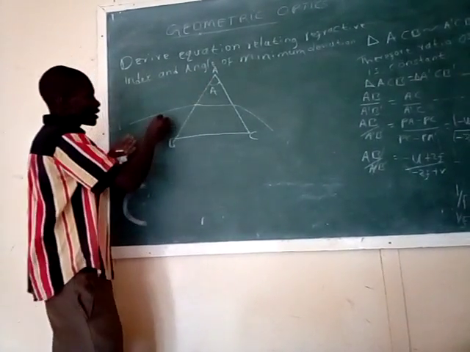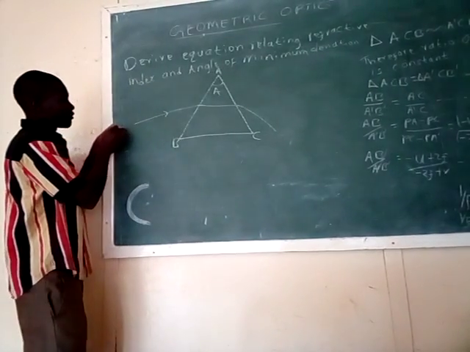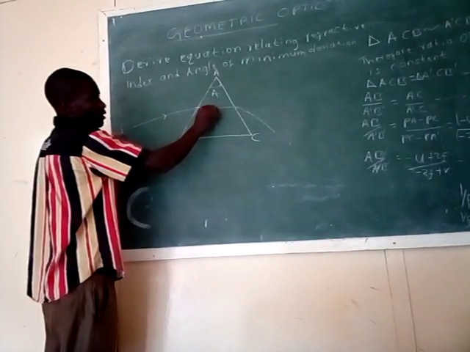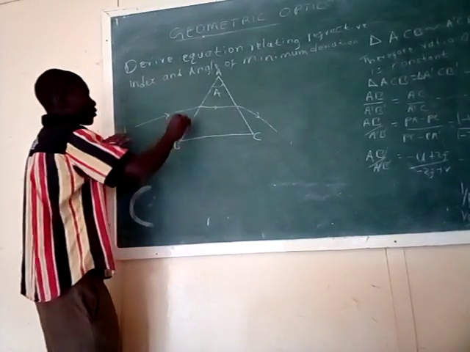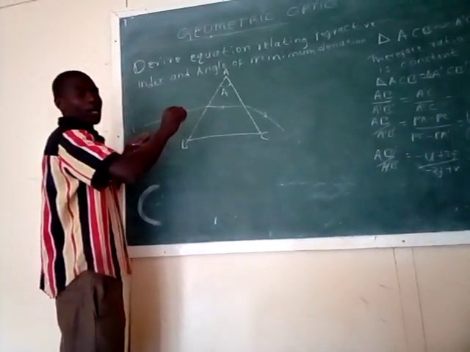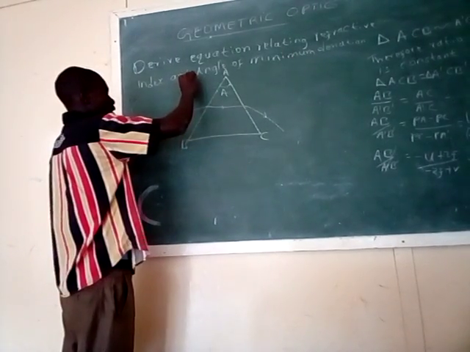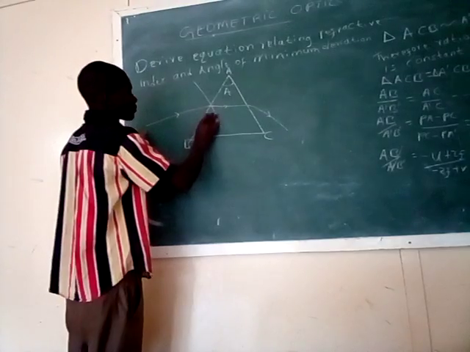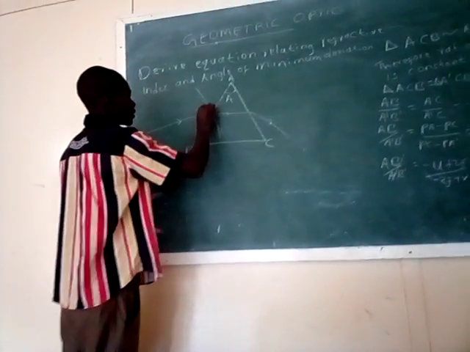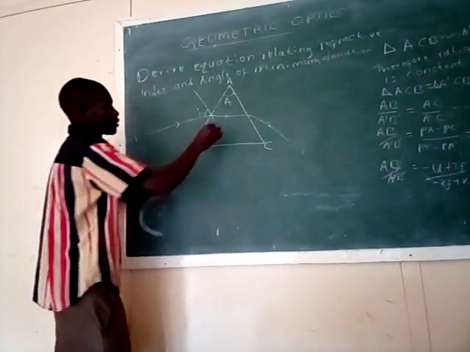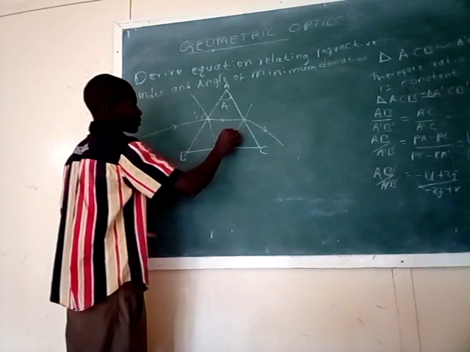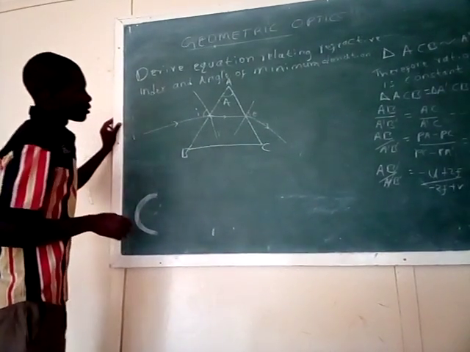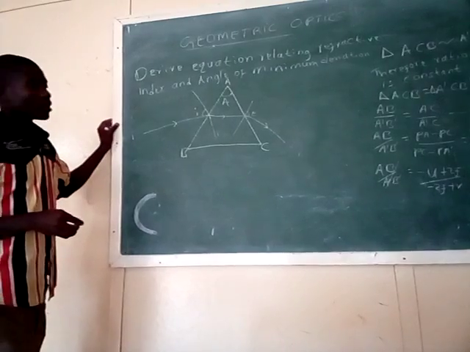So we consider a ray of light from a given source striking the first surface of the prism, then it gets refracted, then emerges. The incident ray is going to form the incident angle I, and this one is the emergent angle E.